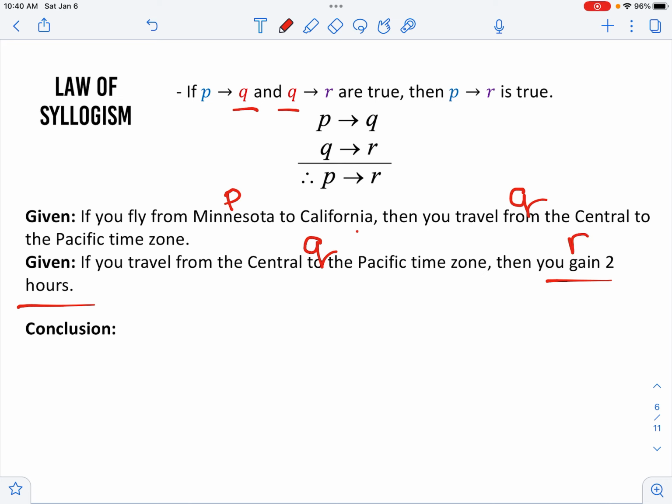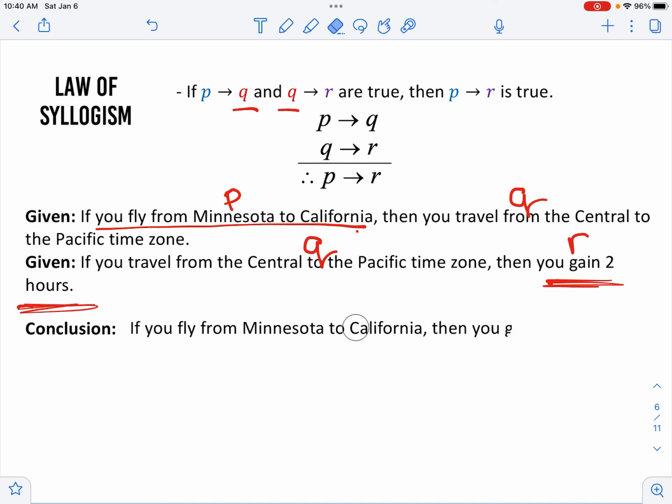Okay. So what is my conclusion? My conclusion should say P to R. So P is this. So I should say if you fly from Minnesota to California, then you gain 2 hours.